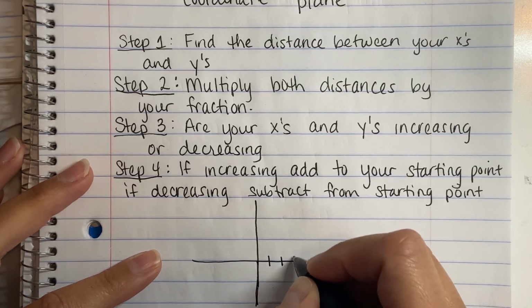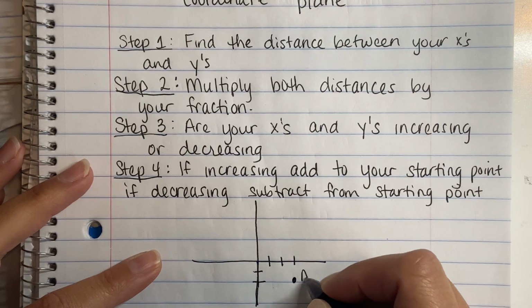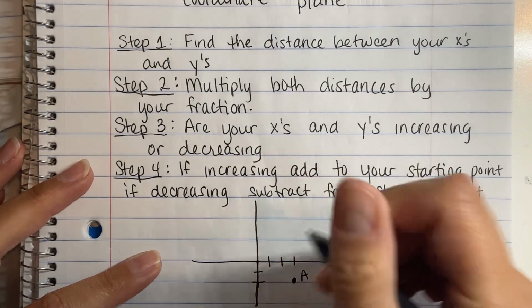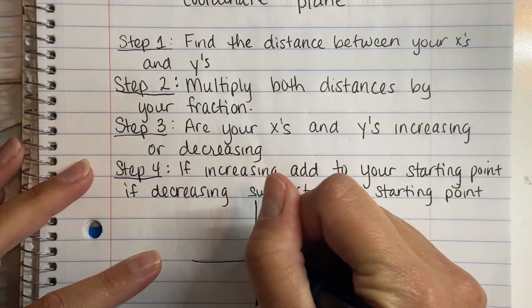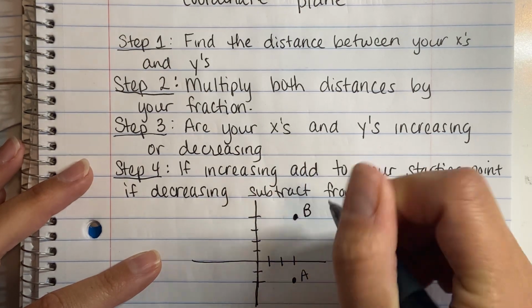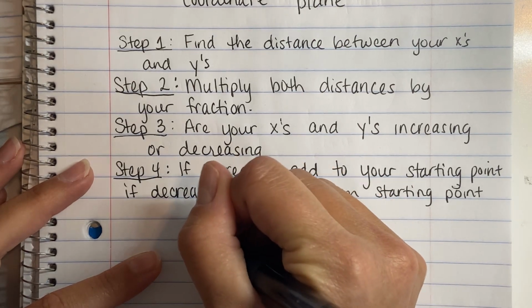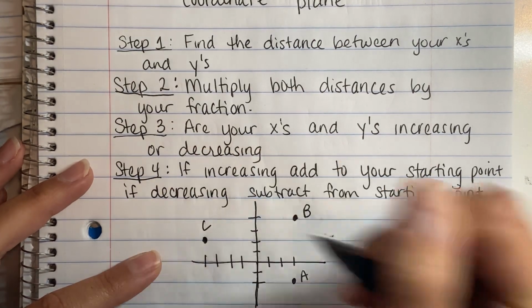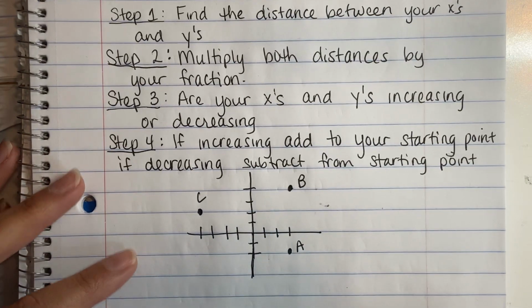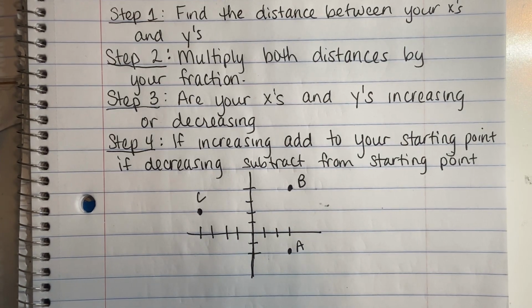So 1, 2, 3, right here, we'll call this A. B, C. We might add another point there, but I think that should do for our examples today. I'm probably gonna do 2 examples and see how we feel.